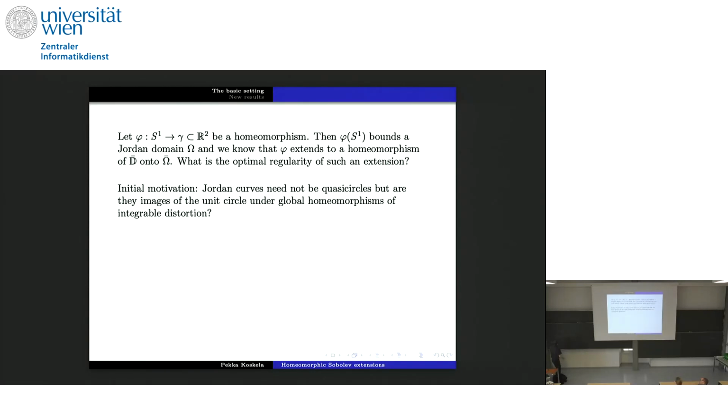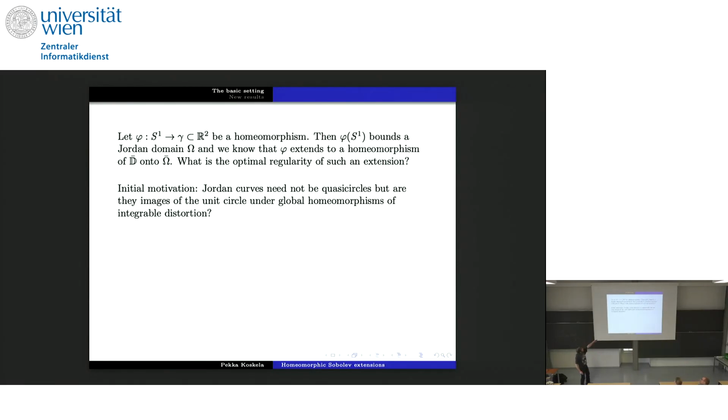Okay, and now how was I going to attack my problem? So I take the unit disk, here's my Jordan curve. Okay, and let me first try to get some homeomorphism onto this.